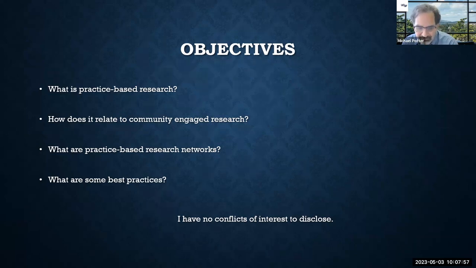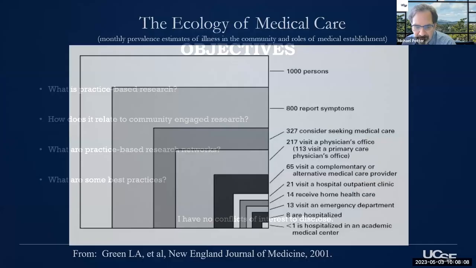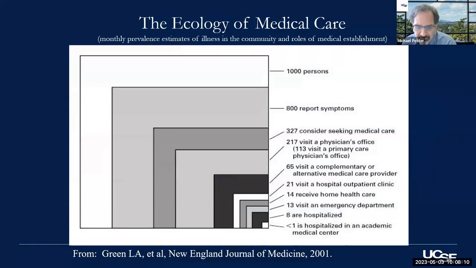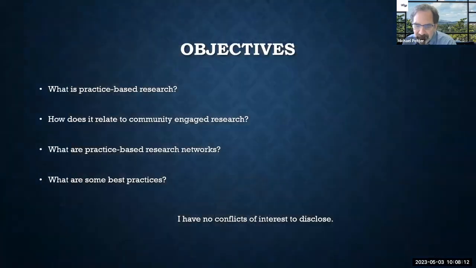In the process, I hope some of you will be inspired to think about practice-based research as an important tool to advance health equity across diverse practice settings and populations. I do work within UCSF's Clinical and Translational Science Institute and direct our practice-based research network and consultation services, but I have no commercial conflicts of interest to disclose.